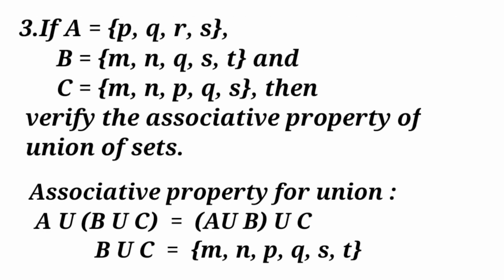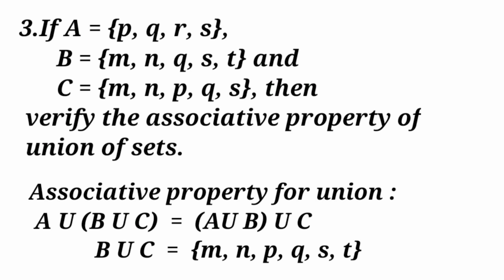Third one: if A is equal to {P, Q, R, S}, B is equal to {M, N, Q, S, T}, and C is equal to {M, N, P, Q, S}, then verify the associative property of union of sets.